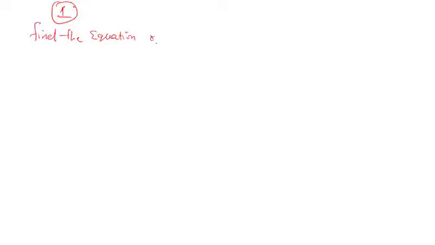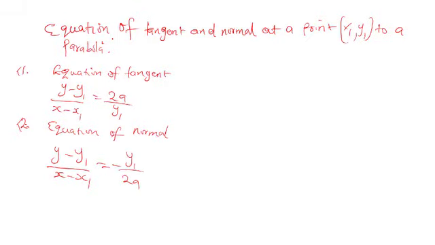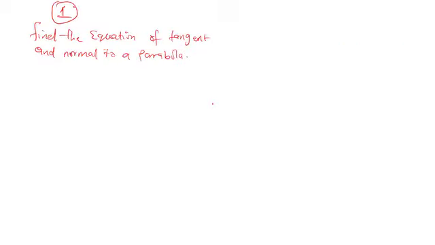When we talk about finding the equation of tangent and normal to a parabola, the equations we just stated will stand like a guideline. When we talk of equation of tangent, we apply this, and for equation of normal, we apply this.